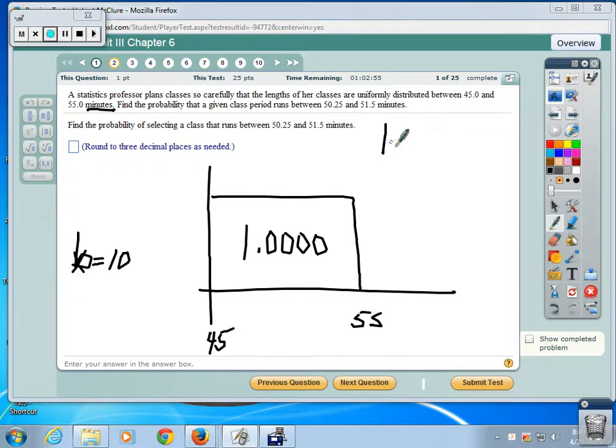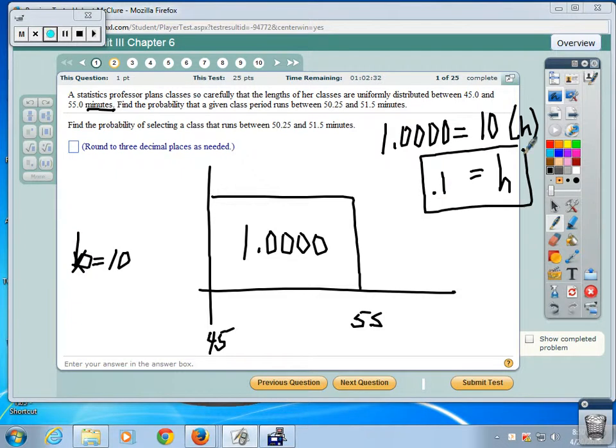So the area is equal to base times height. So the height of our box is equal to 1 divided by 10, which is 0.1. Please don't put that in the calculator. So the height of our rectangle is 10% or 0.1. Everybody with me?